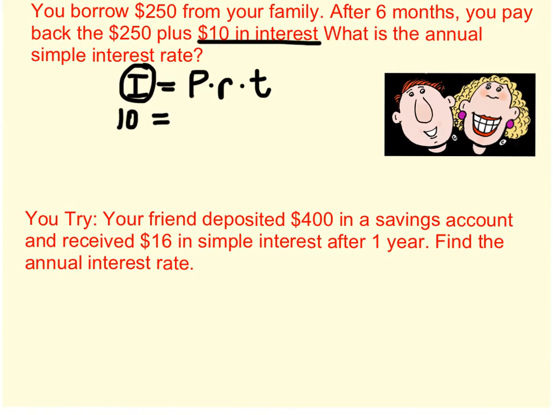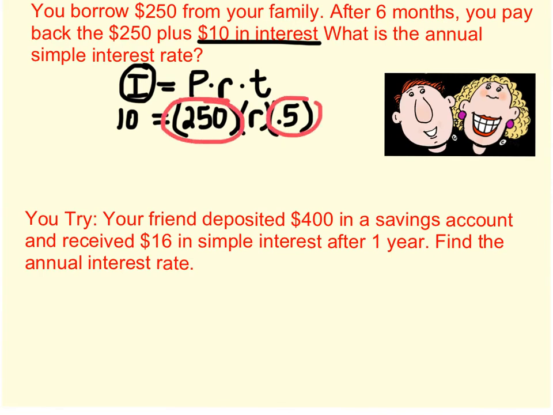$10. What is the principal? How much money did you borrow? $250. The rate is what we don't know because it says what is the annual simple interest rate? And how much time did we spend borrowing this money? 6 months, so that would be a half of a year. All right, so let's start by simplifying this half of the equation. Let's take 250 times 0.5. That would be 125.